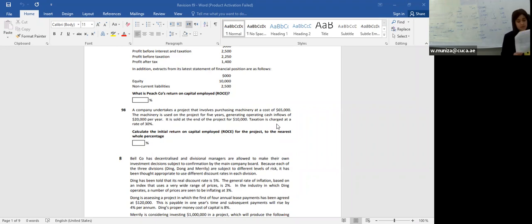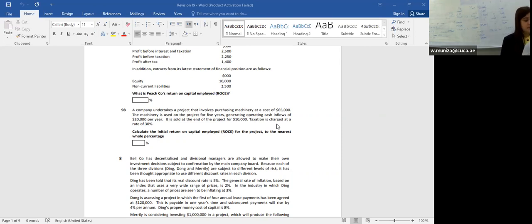But the thing which you need to establish over here is that you need to calculate profit before interest and tax by yourself. And in order to calculate profit before interest and tax, the figure of depreciation is going to be deducted from the profits. Is it from the cash inflows? The cash inflow figure is 20,000. You need to calculate depreciation and deduct it out of this 20,000.